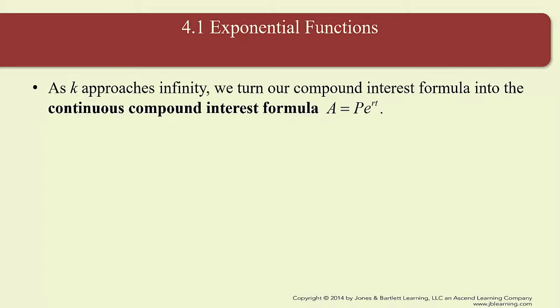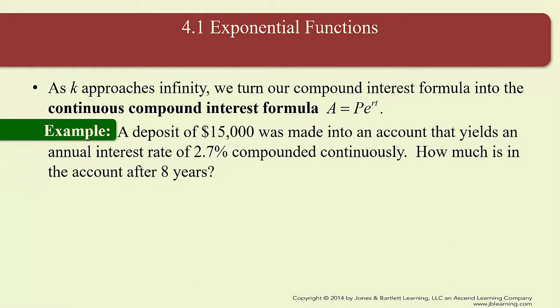A is still the amount, P is still the principal, r is still the interest rate as a decimal, t is still time in years. A could still be called the future value, P could still be called the present value. But this is the formula we would use if we are told our interest is compounded continuously. So let's check out a quick example.